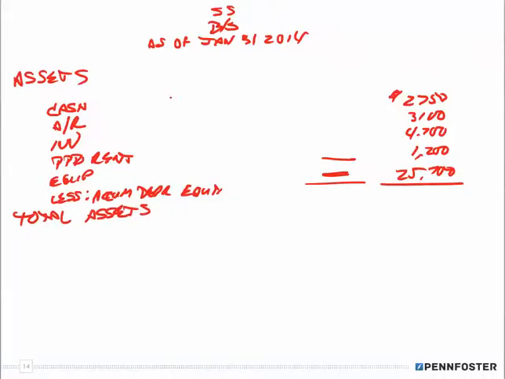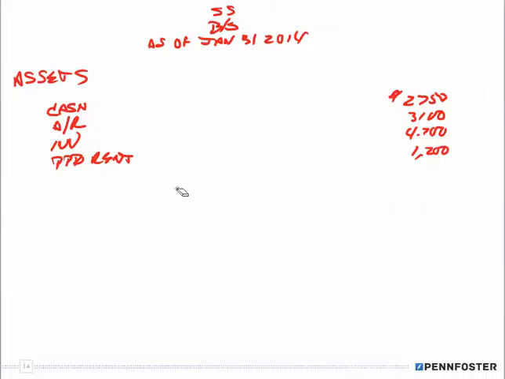But that's the way the information was presented in chapters 2 and 3, okay? But they've changed this a little bit here, okay? And I'm not going to disagree with the way they changed it, in that now they've gone and said, okay, what we want to do is segregate our current assets.